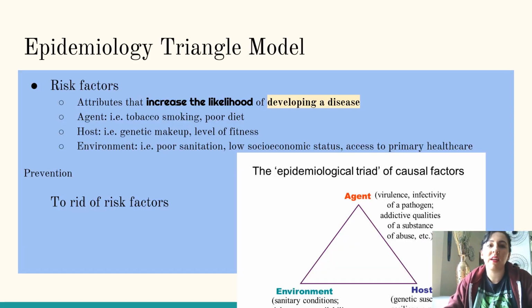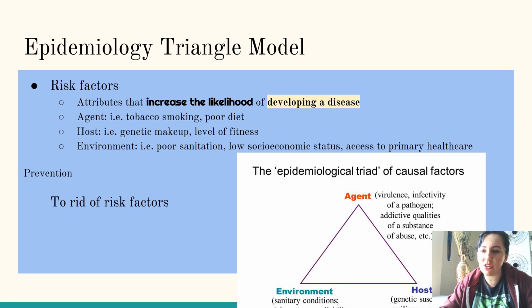Anyway, so next we have the epidemiology triangle model, and I'm pretty sure almost all of you have already learned all about this model, so we're not going to get too deep into this, but we do kind of need to know the basics of how this whole thing works.